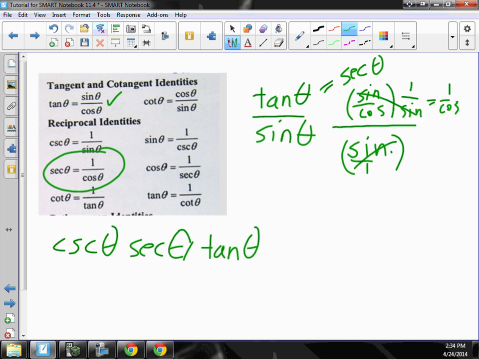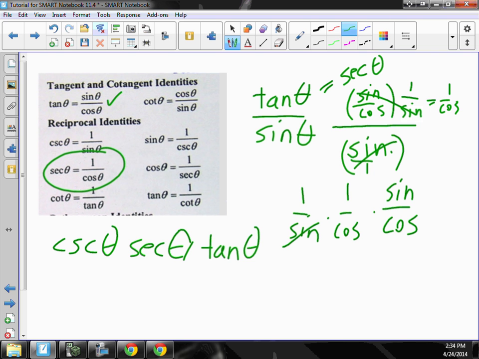Okay? So 1 over sine times 1 over cosine times sine over cosine.